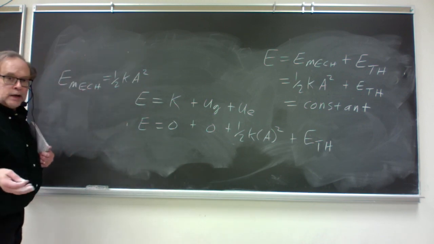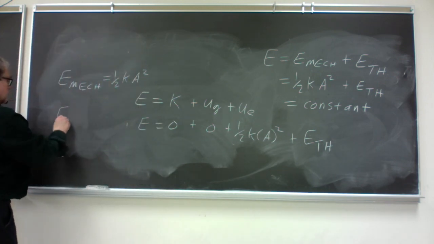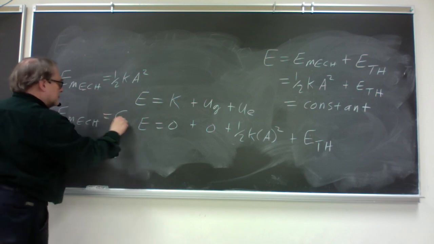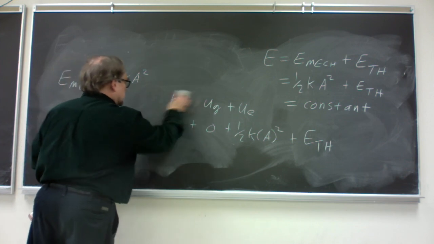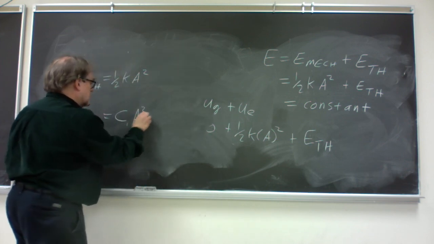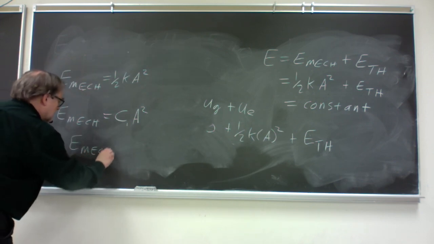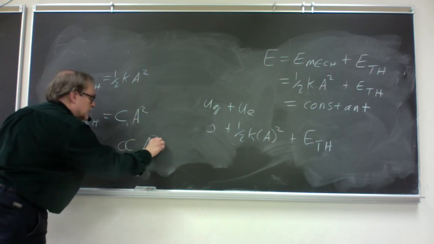But what do we have here? We have another direct proportionality. We have mechanical energy equals constant factors, 1/2 K, times a variable, A squared. In other words, mechanical energy is directly proportional to A squared.